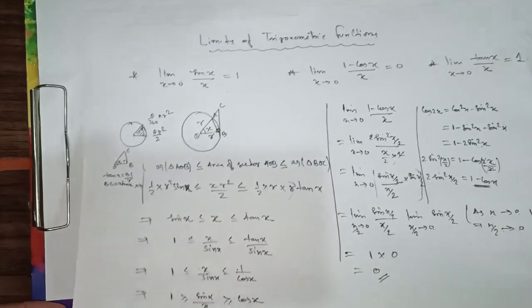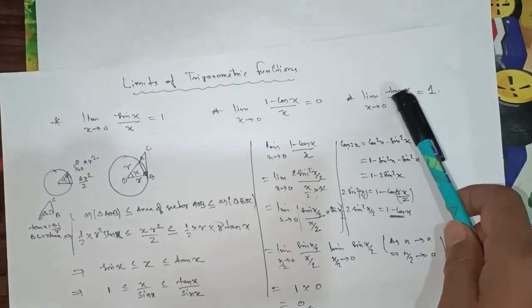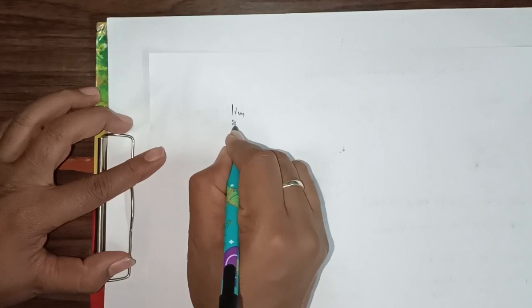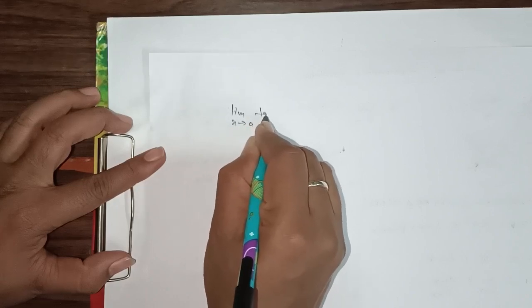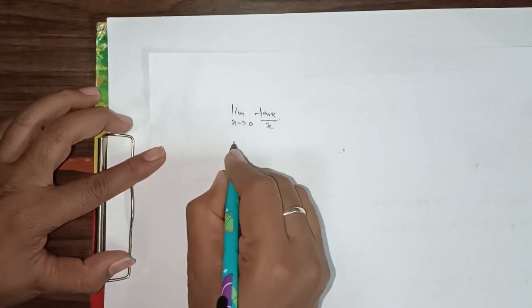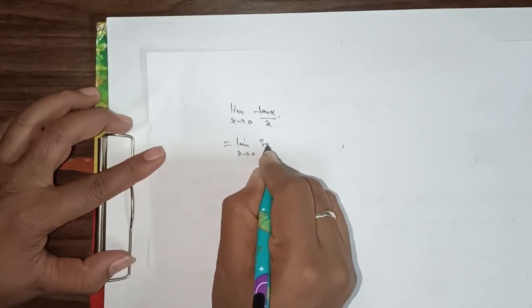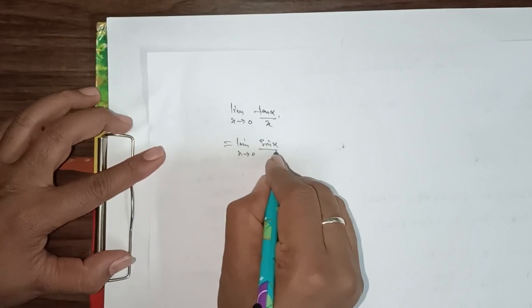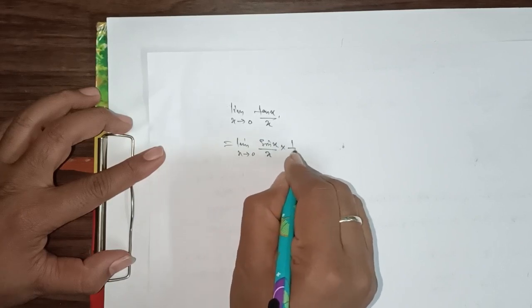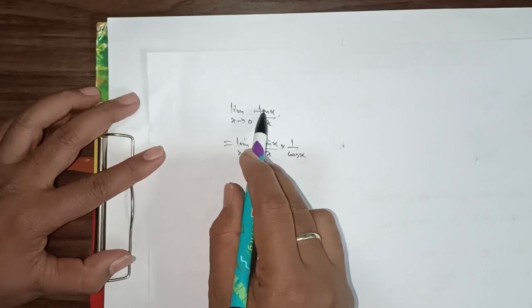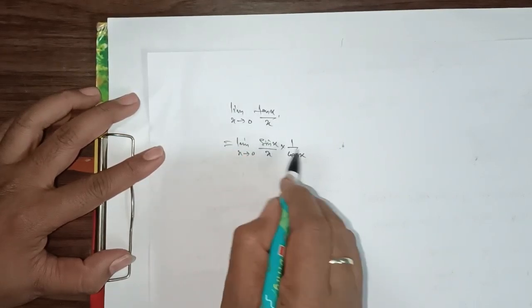Now we'll enter into the third one. Let's see, it's quite easy. If I take limit x tends to 0, tan x by x, we can write sin x by x into 1 by cos x. Why is that? Because tan x can be written as sin x by cos x.